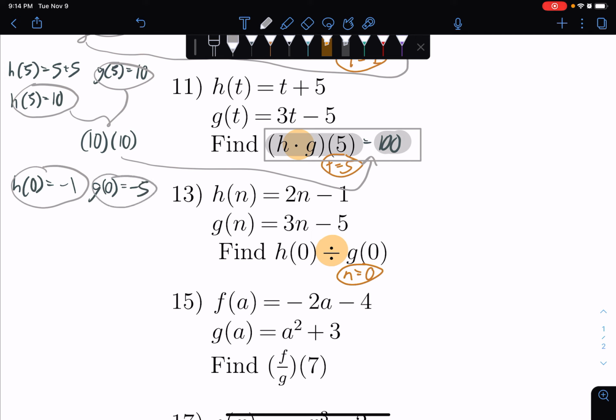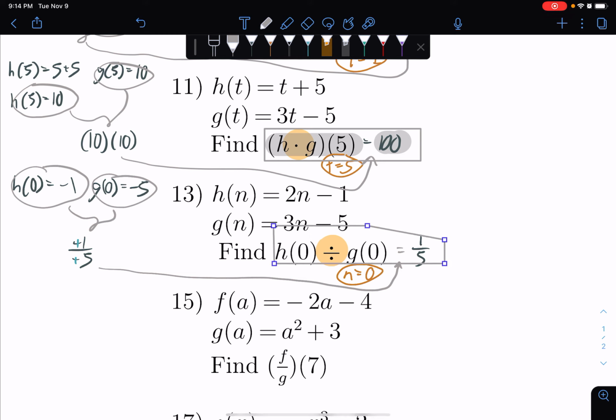Alright, division, so we divide this, so negative 1 divided by negative 5. Let's make these two negatives positive, so we have 1 over 5. That's already our answer. Most likely, the typical math teacher would prefer you to put your answer in the form of fraction, not decimal.